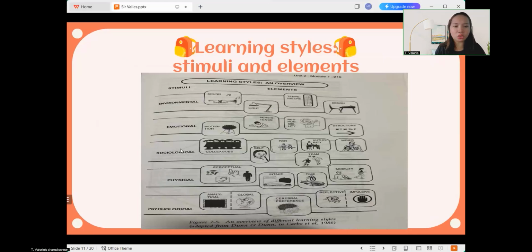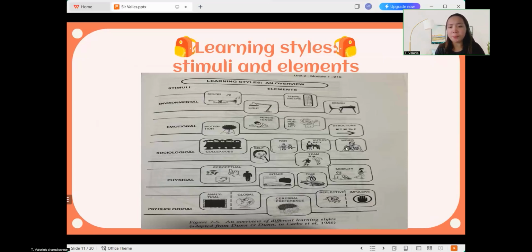Now let's have sociological. We couldn't deny the fact that some students learn best when they are with their colleagues. Some learn best when they are alone. Some learn by pair. And some learn when their teacher is around.